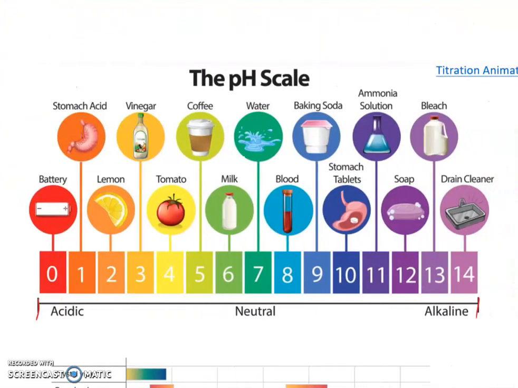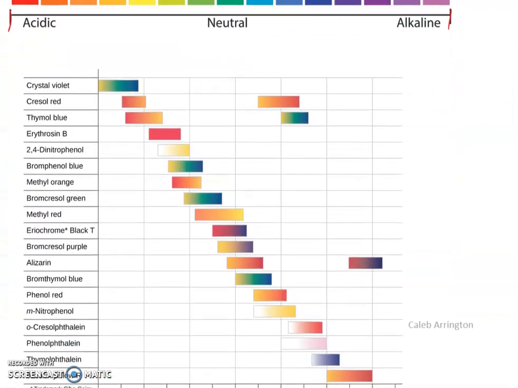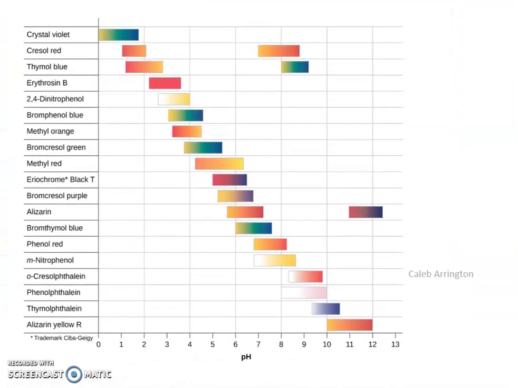Well, let's take a look at some pH indicators and the pH ranges at which they change color. For example, crystal violet up here at the top changes from yellow to blue between pHs of 0 to 2. Really acidic solutions. Moving towards the middle of the scale, bromthymol blue is a pretty popular pH indicator. It goes from yellow to blue right around pH 6 to 7.